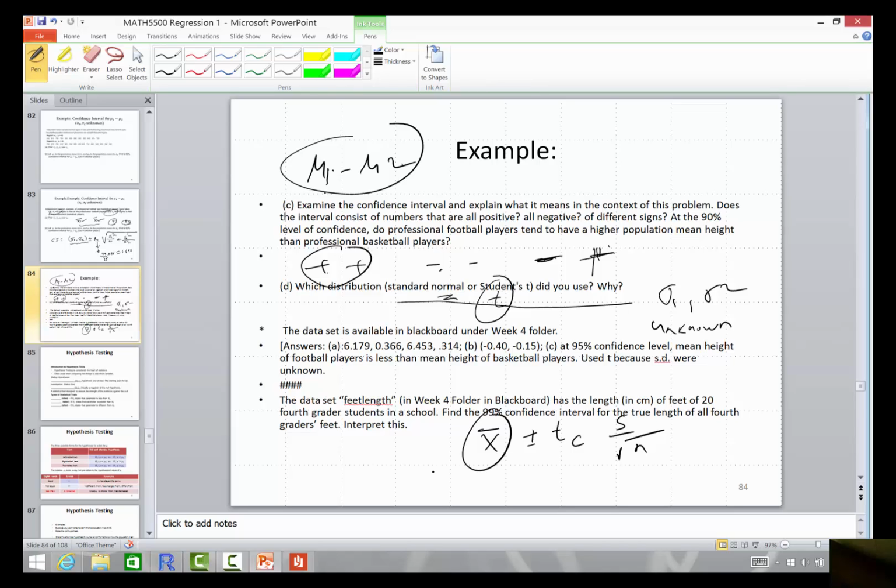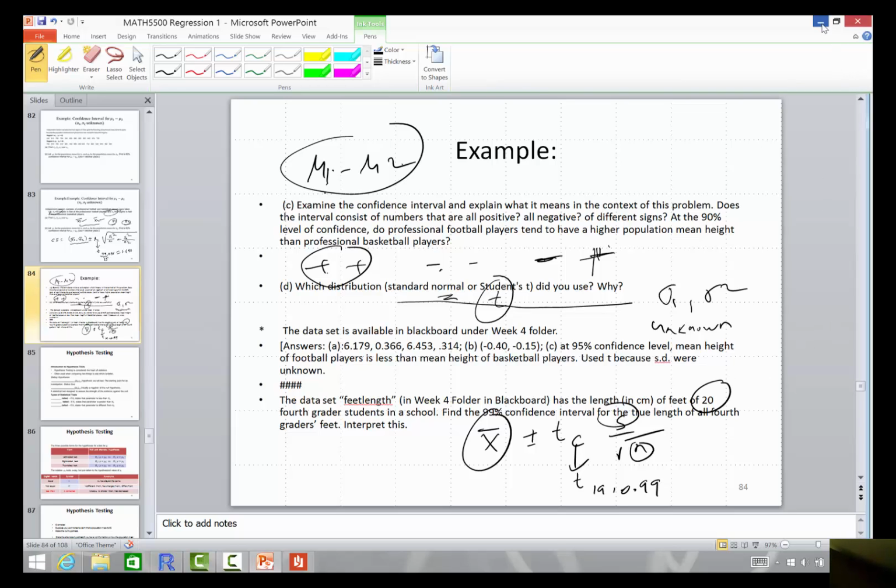X bar is in the data, s is in the data, right? N you can count. I have n equal to 20, so you need t with 19 degrees of freedom for what percentage? 99%, right?